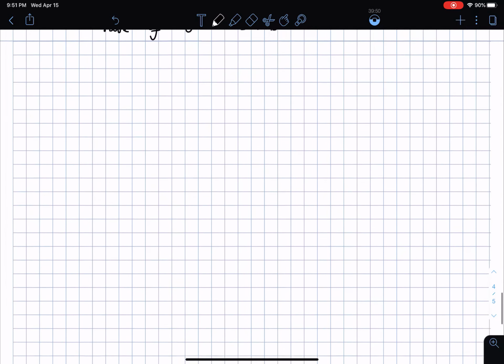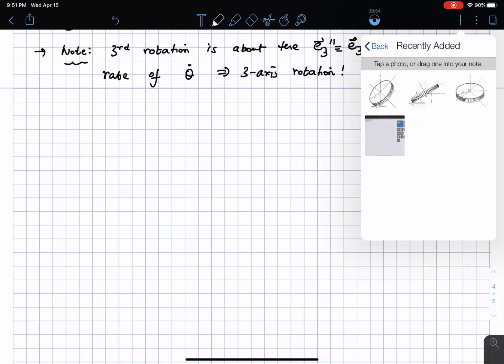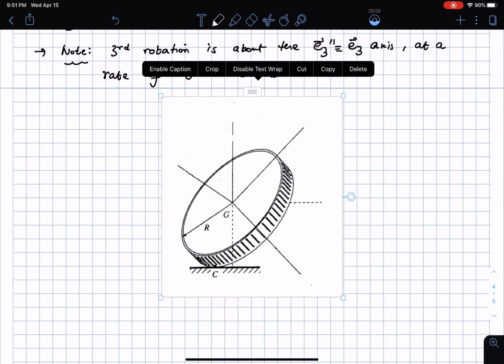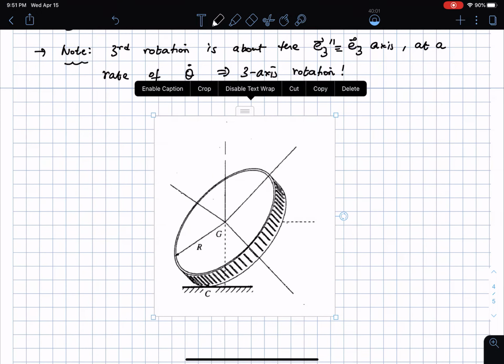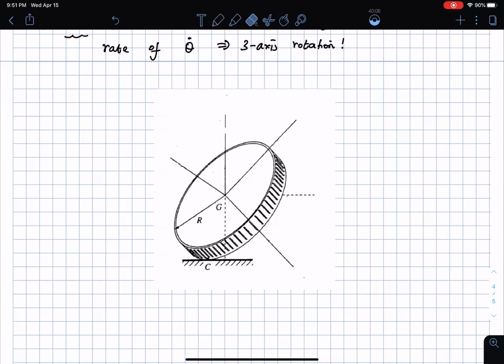Okay, and then the figure that accompanies this is the following. So I'm going to consider the same figure as before. Okay, so you can think of this figure here. I'm just going to bring that creature once again, and I'm going to label the axes from before. So here is the prime axis. Okay, so this is E1 prime. So let me write that down a little carefully here.